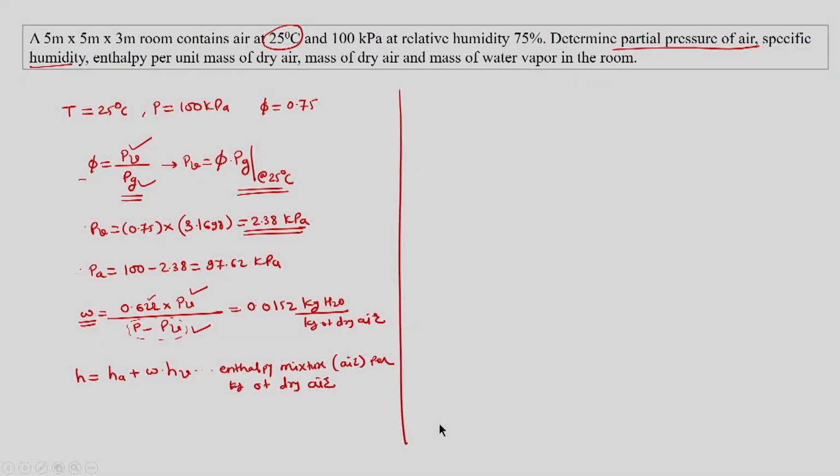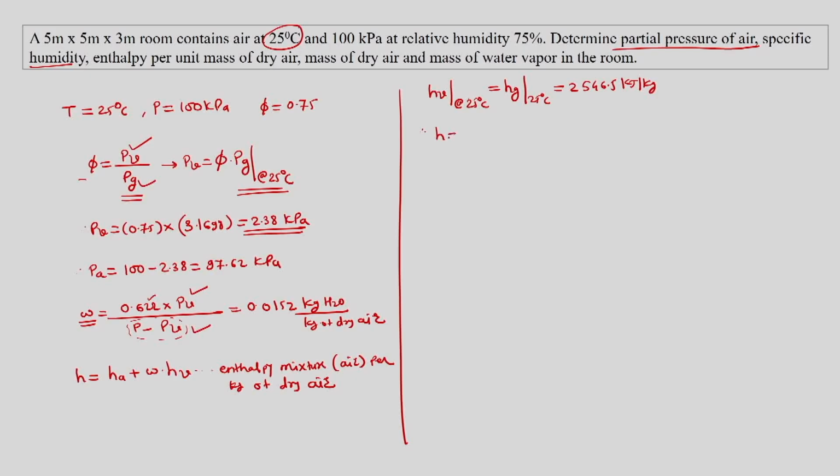Having said this, we can find Hv, which is basically the saturation enthalpy at 25 degrees Celsius, which is Hg at 25 degrees Celsius, and that we know is 2546.5 kilojoule per kg.